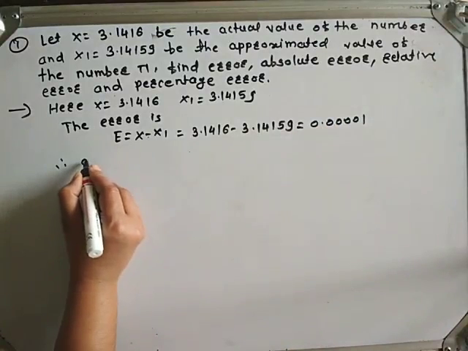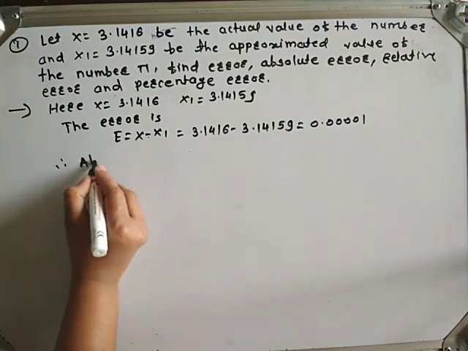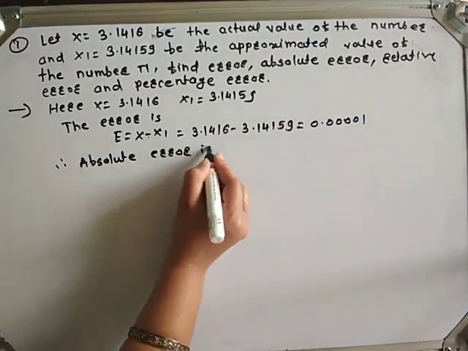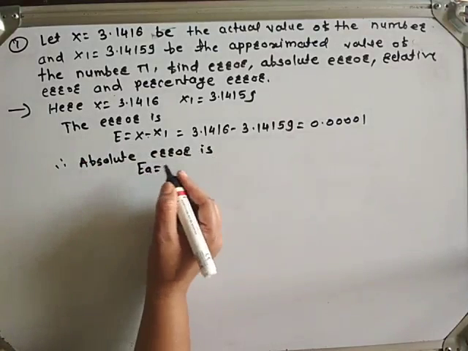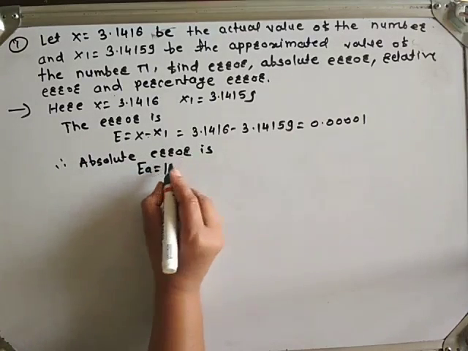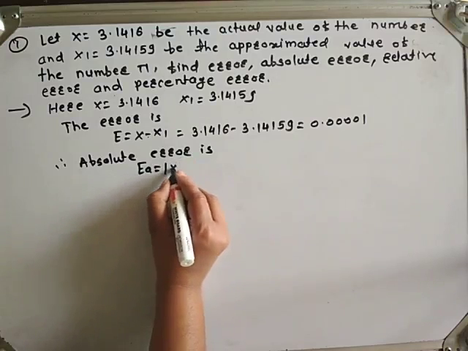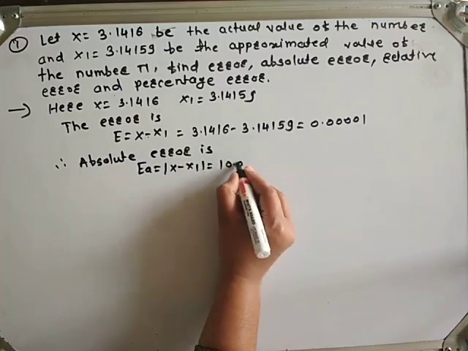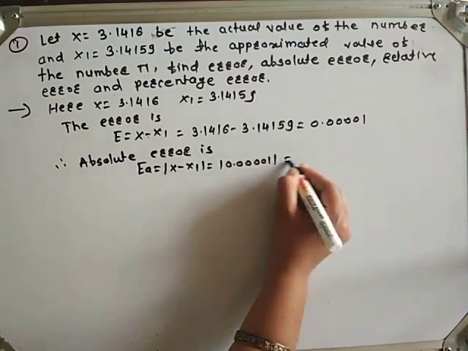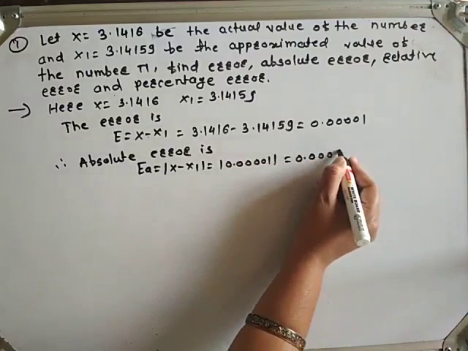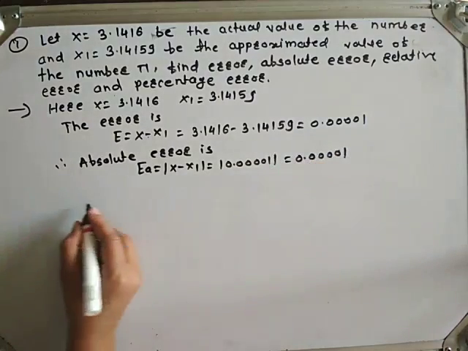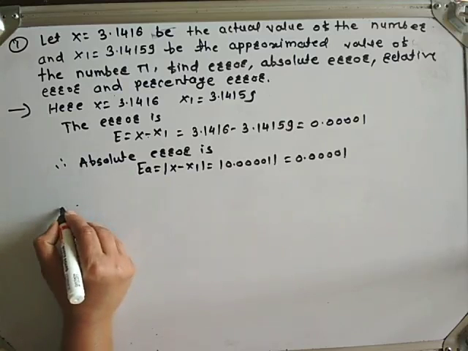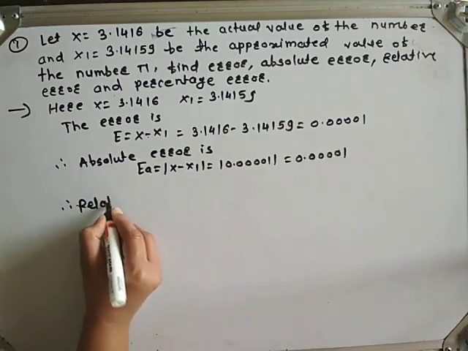Therefore the absolute error is denoted by EA and it is given by absolute value of E, that is mod x minus x1, which is equal to modulus of 0.0001, which is equal to 0.0001. Next, what we have to find? Relative error.